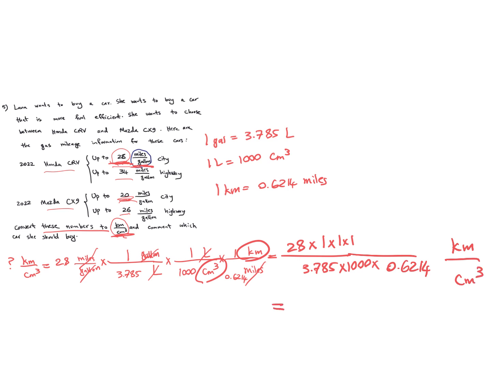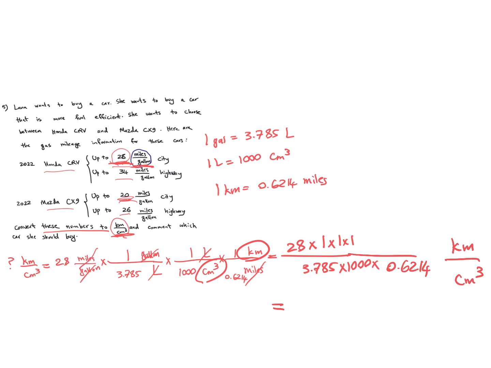Remember, you should write parentheses for the numerator and denominator. So parentheses open, 28 multiplied by 1 multiplied by 1 multiplied by 1, which would be 28, divided by parentheses open, 3.785 multiplied by 1000 multiplied by 3.785. Sometimes I just read the numbers wrong. You know what I mean, hopefully.